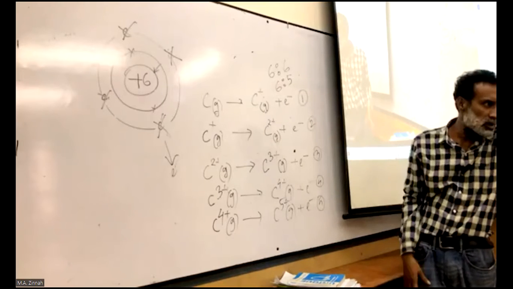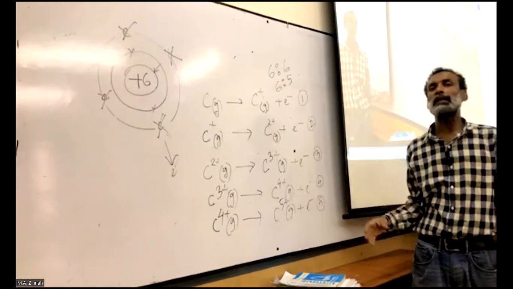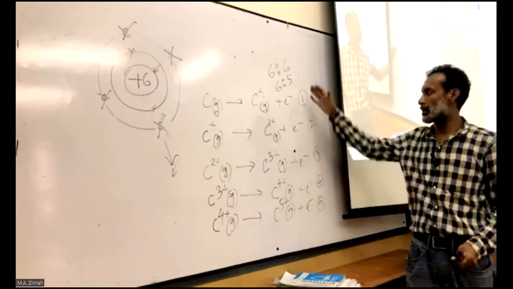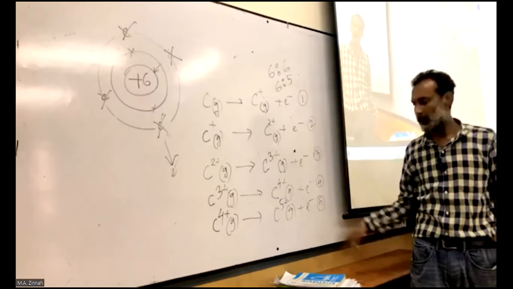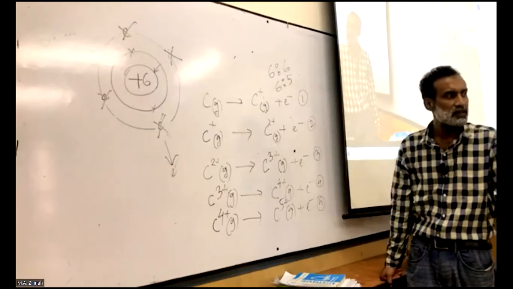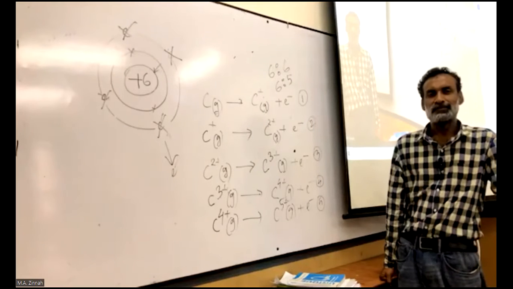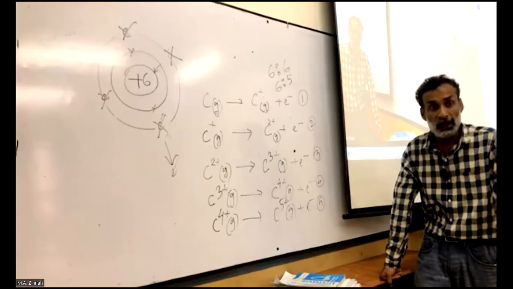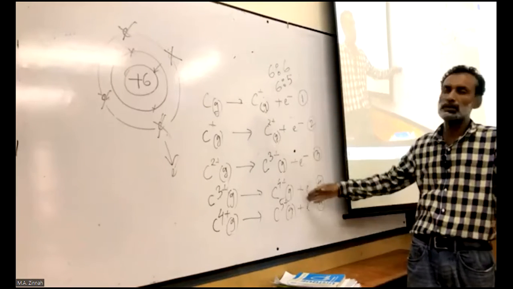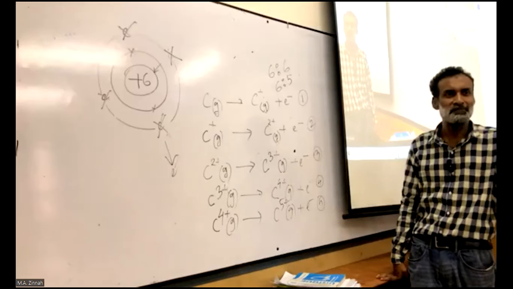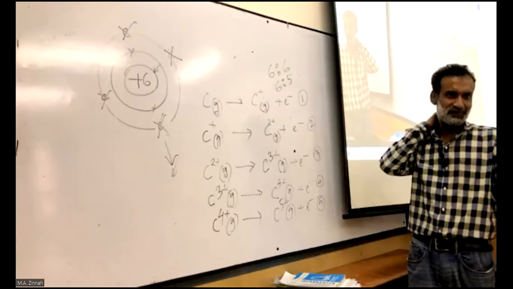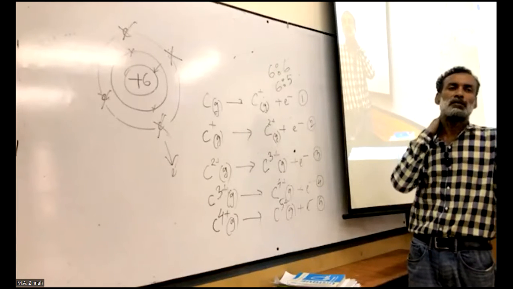Do you understand my question? Will there be anything different other than the gradual variation for the fifth ionization? Do you expect anything else other than the gradual rise in the values? Yes, come on.